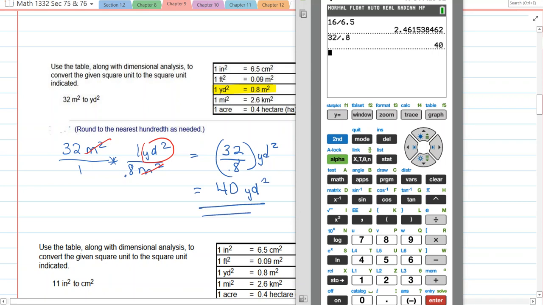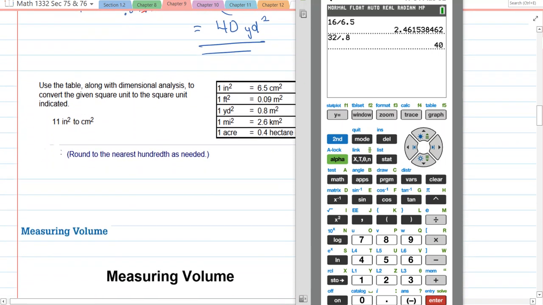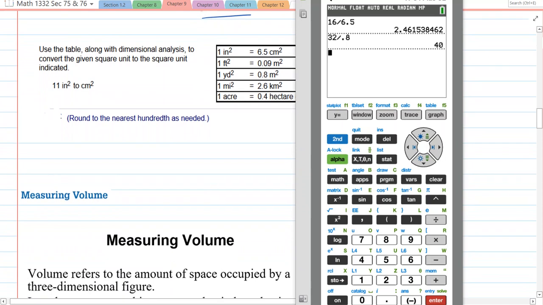And that's the conversion. These are all using the tables. You don't have to write the tables down. They come out with your problem as I've shown you. On this one, I'm starting with 11 inches squared, and I'm converting to centimeters. Well, we've done a couple of those.